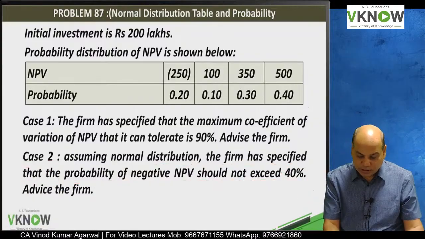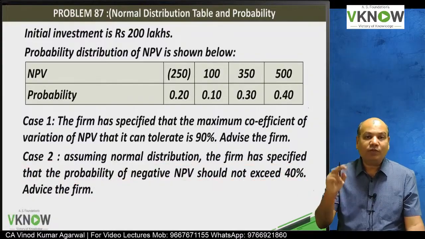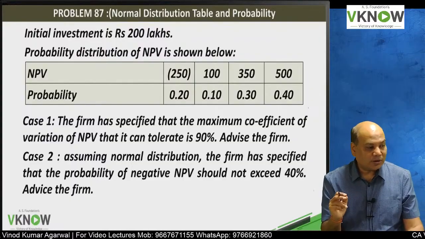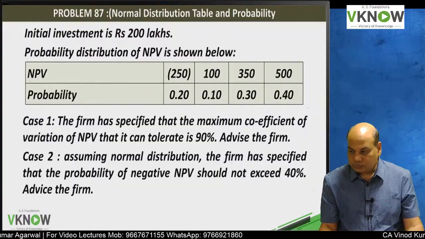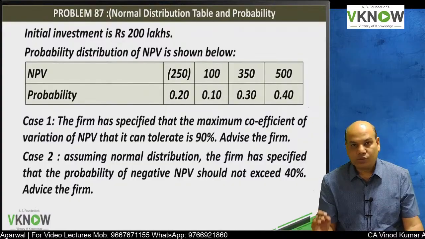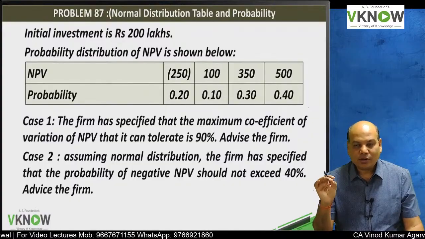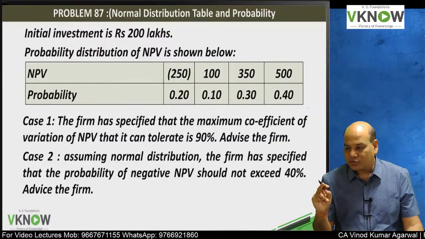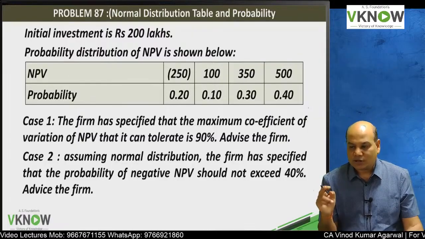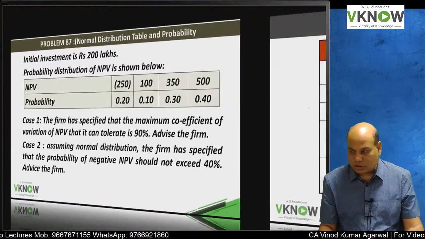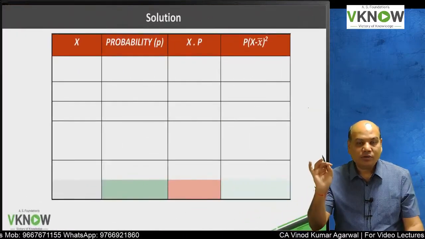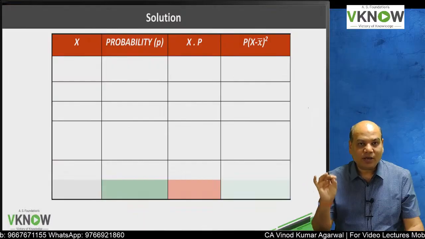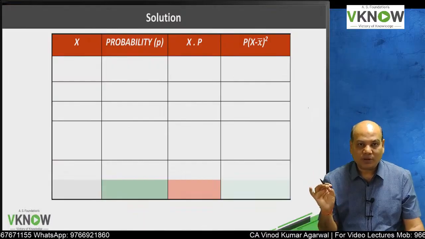But if the probability of negative NPV is more than 40%, then I will not accept the project. So this question requires you to decide on the basis of case 1, coefficient of variation, and case 2, normal distribution. First I need to find the expected NPV and standard deviation of NPV.